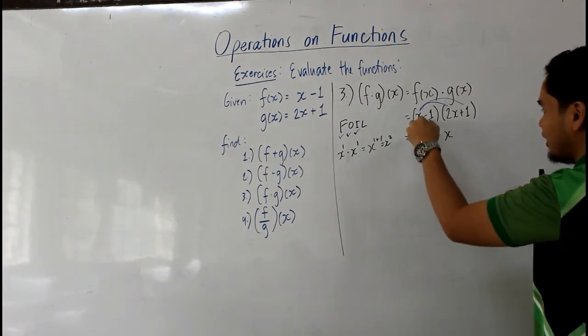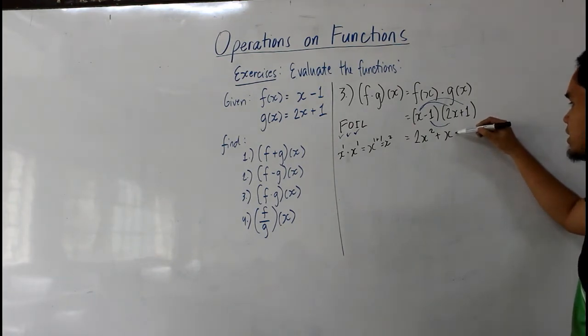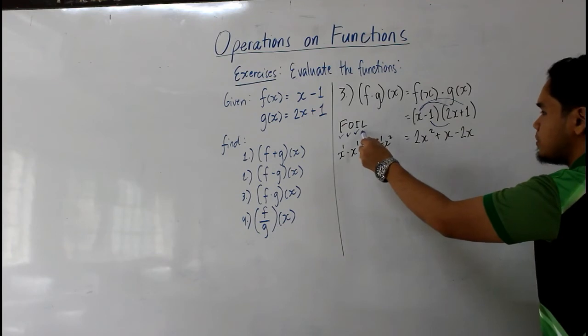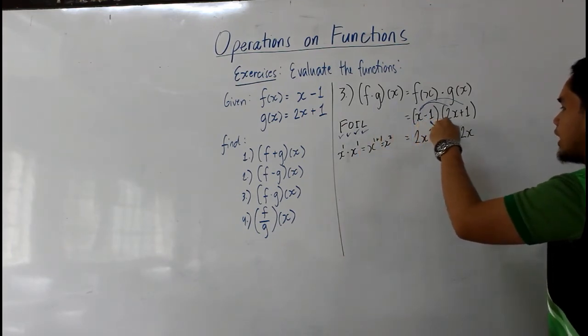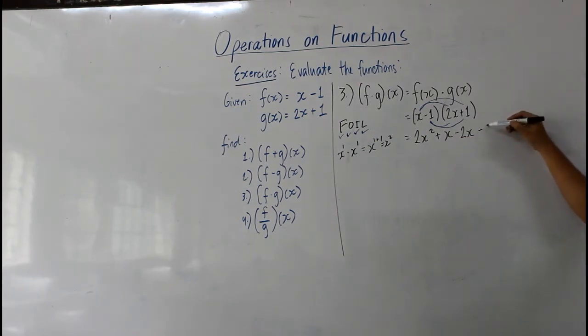So negative 1 times positive 2x. So that will give us negative 2x. Okay, and lastly, your last terms over here. So negative 1 times positive 1. Okay, so negative 1 times positive 1 is still negative 1. And 1 times 1 is 1. And since they're mixed up signs, so it's going to be a negative.